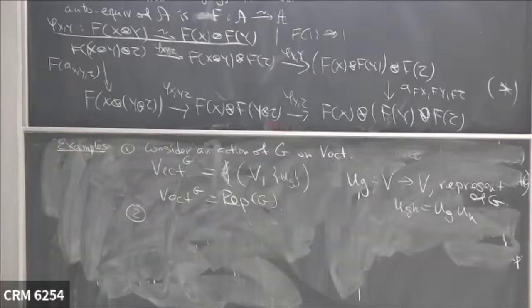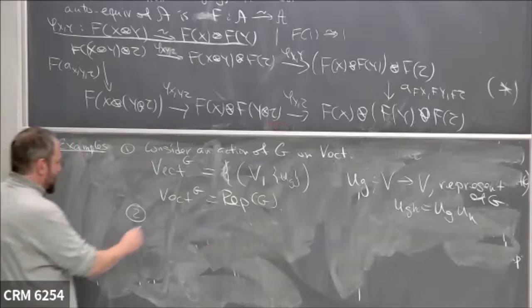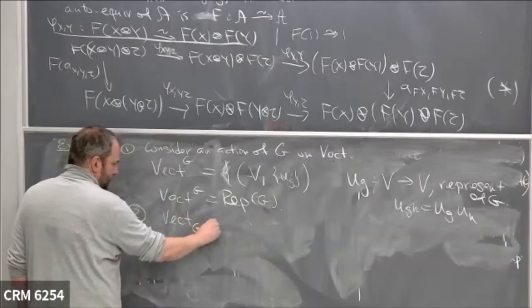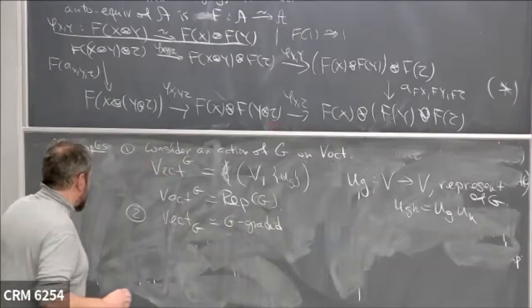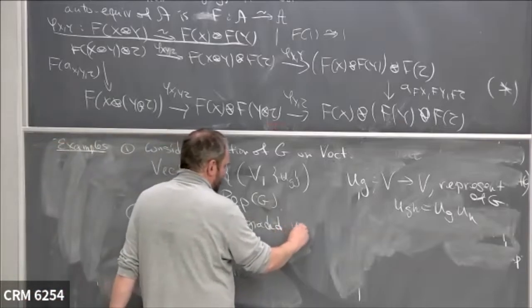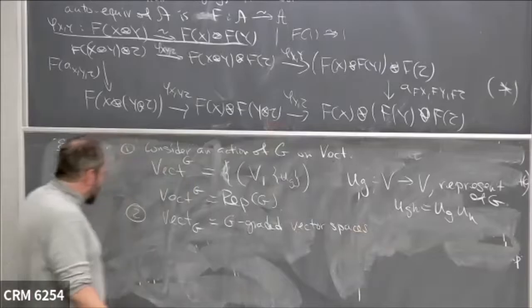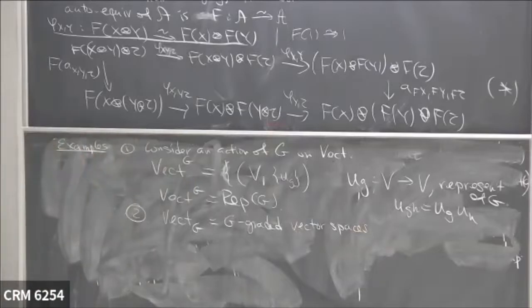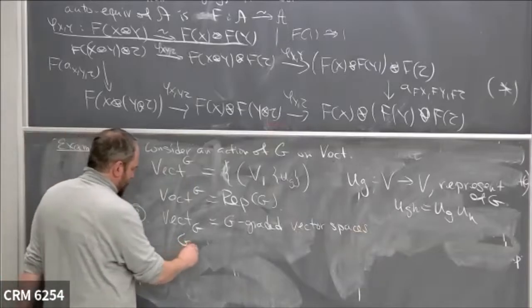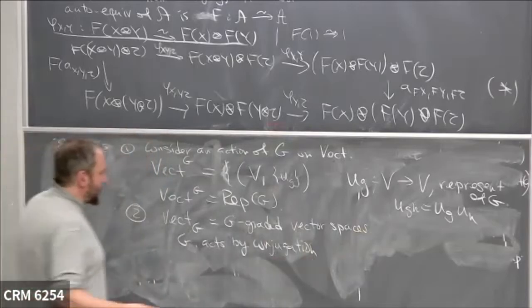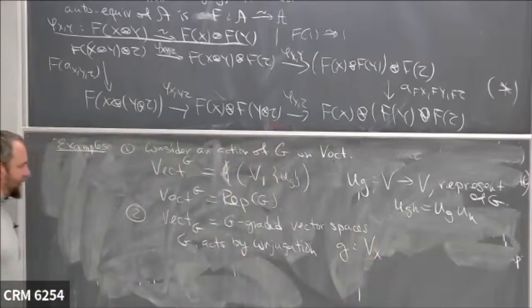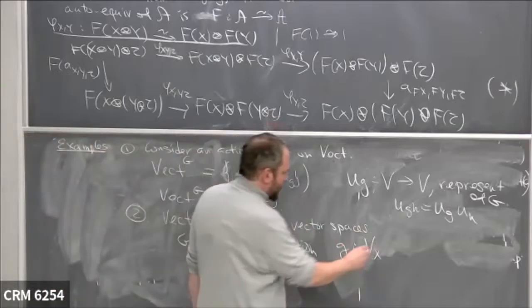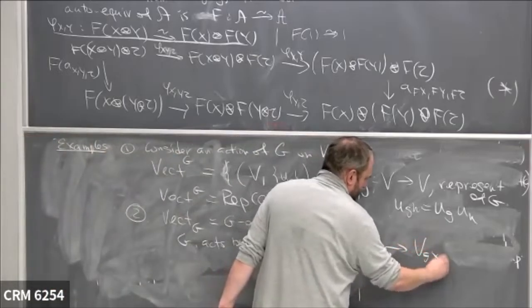Next example. Now, let's consider the category Vec_G, which, if you remember, was the category of G-graded vector spaces. Now, there is an action of G by equivalences, namely G can act by conjugation, meaning that g sends the homogeneous space, the vector space supported on a component x, to the vector space on gxg^{-1}.